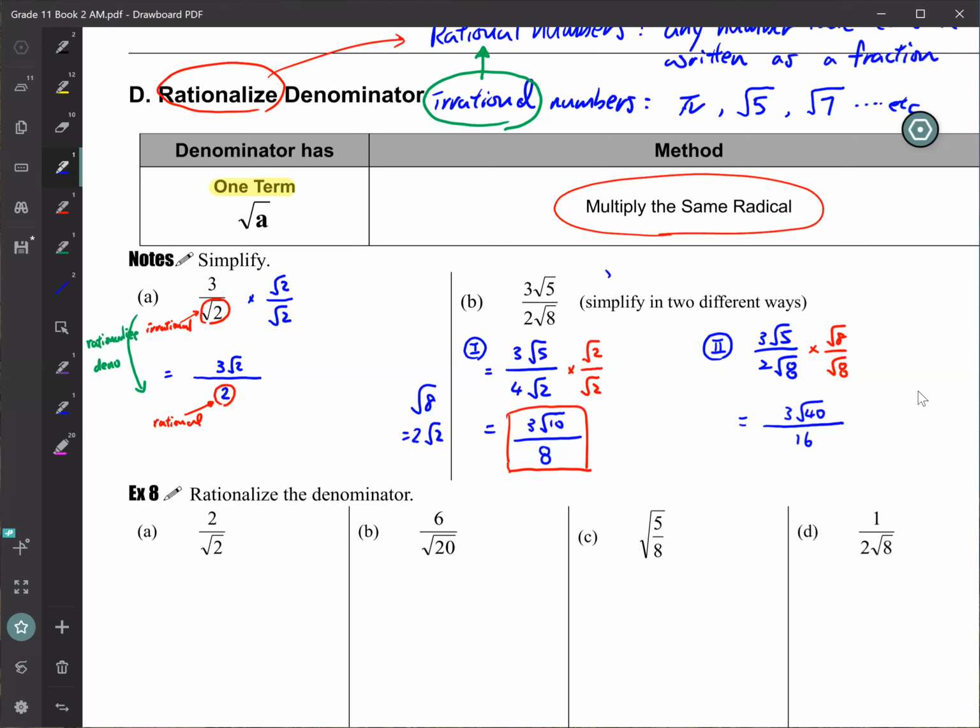So you can see that the answer is different, right? So that means it's not finished yet. So if you look at the 40, I can still take pairs out, right? 40, you can think of it as 4 times 10. You can do on the side. 40 is 4 times 10. So 4 is a perfect square, you make it go out. So 2 root 10.